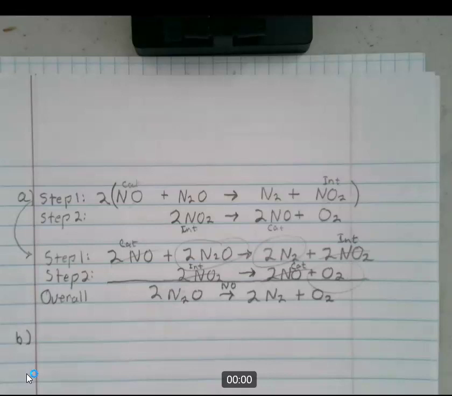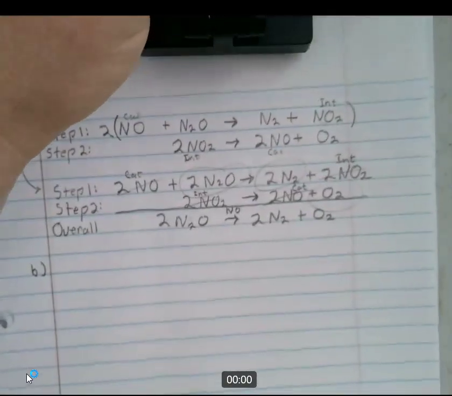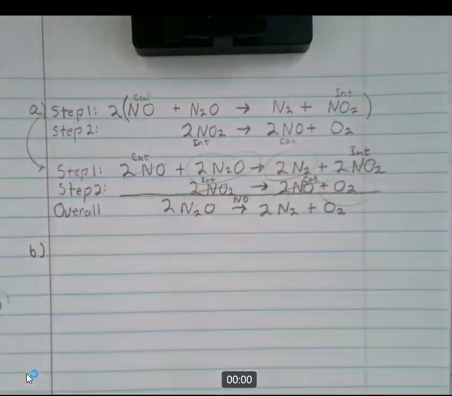Okay, why is NO considered a catalyst and not an intermediate? So let's go ahead and just write out the entire explanation of that and be sure we're clear on that. I'd like you to write the whole explanation.